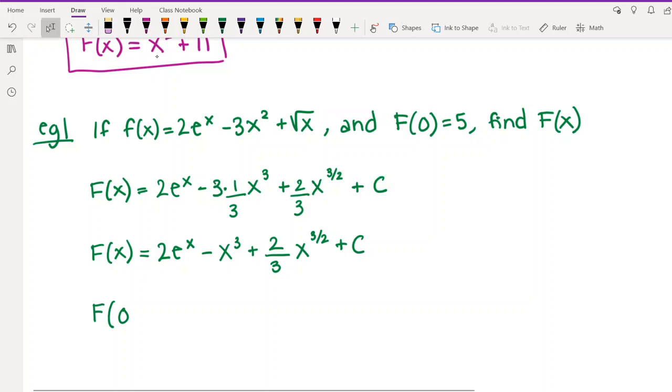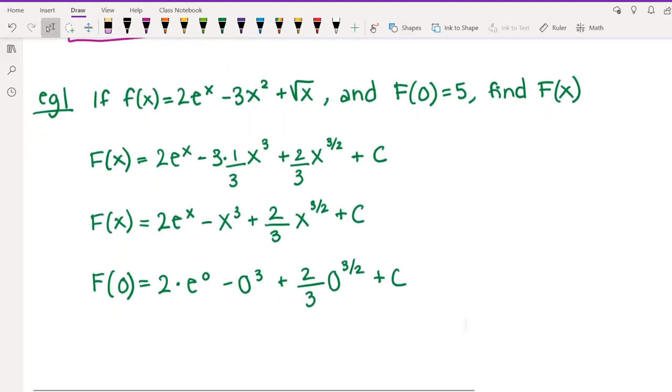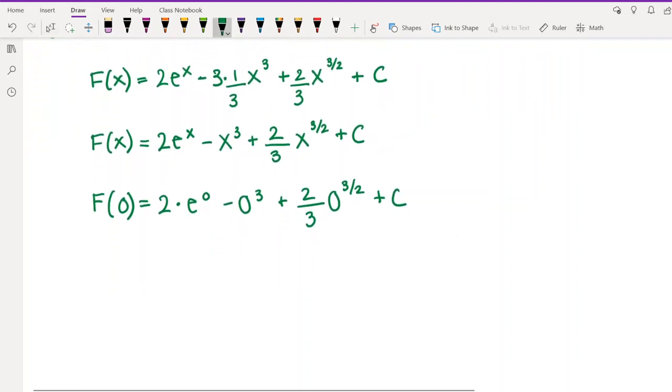So if we plug in 0, we get 2 times e to the 0 minus 0 cubed plus 2/3 times 0 to the 3/2 plus c. The nice thing is that 0 raised to any power is 0. So this whole thing simplifies to f of 0 is equal to 2 times 1, right? e to the 0 is 1, so we just have 2 plus c.